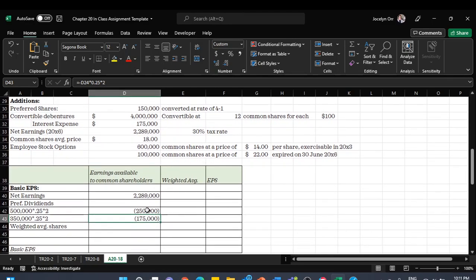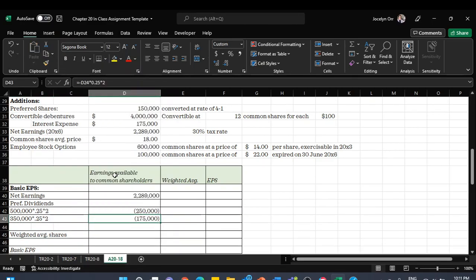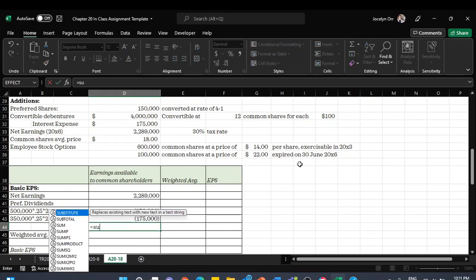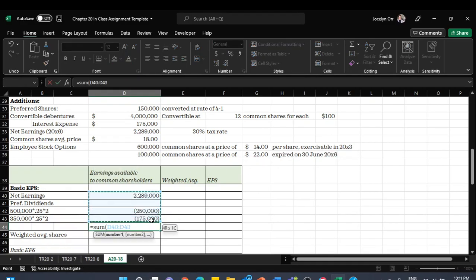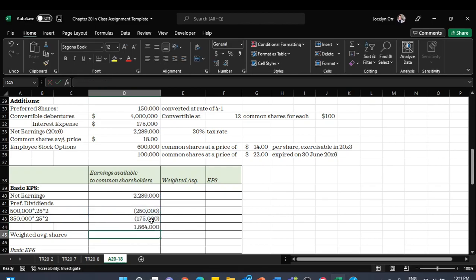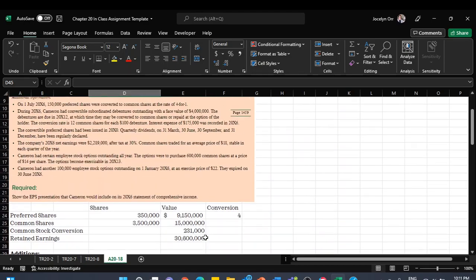Okay, so our dividends for the year amounted to 250,000 and then 175,000. I'm going to move this down one. So we have, there we go. So our net earnings that were available to common shareholders for our basic EPS calculation was going to be 1,864,000.